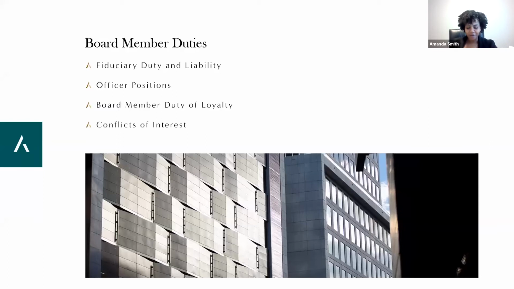I think a lot of the struggle for some board members is separating your personal feelings or your personal circumstances from the decision that needs to be made in the best interest of the building. Especially when it comes to things like assessments and finances, no one likes to pay more, no one wants to pay more. Often the struggle with the board is, well, we need this money, we need to do this to get this money, but the owners are going to complain, or we don't want to pay more.